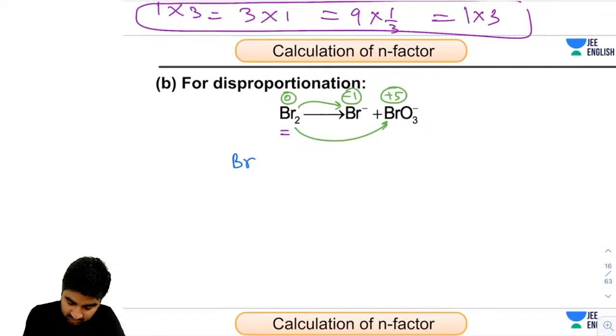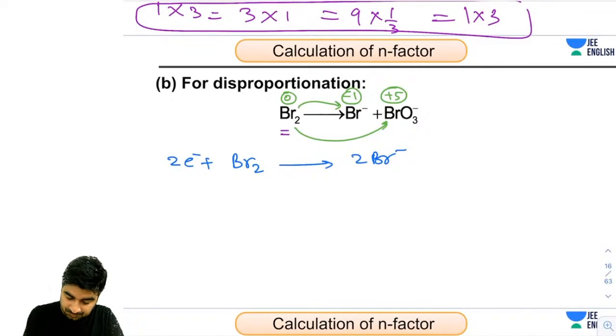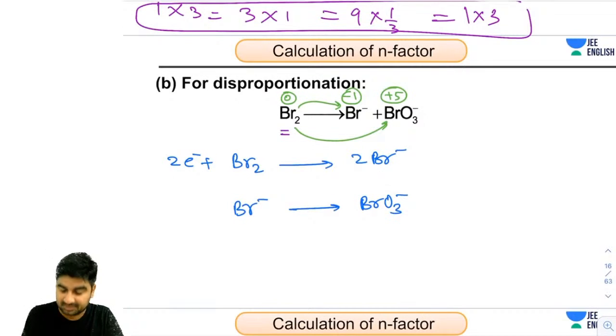So here guys, just balance this reaction. So there will be two things. Br2 going into 2Br minus. Here you have to add 2 electrons, and then Br minus going into BrO3 minus. Here Br is having -1 oxidation state, but on Br we will have +5. So first I have to balance the Br.